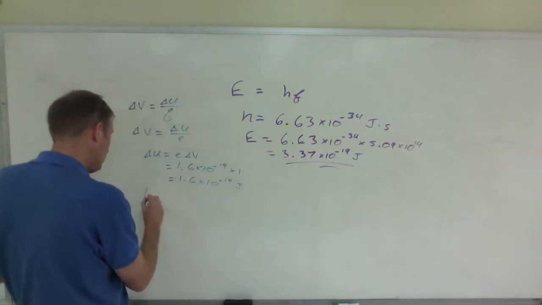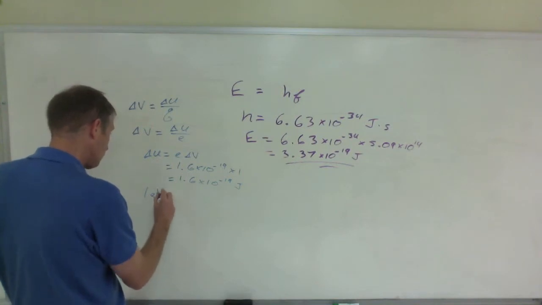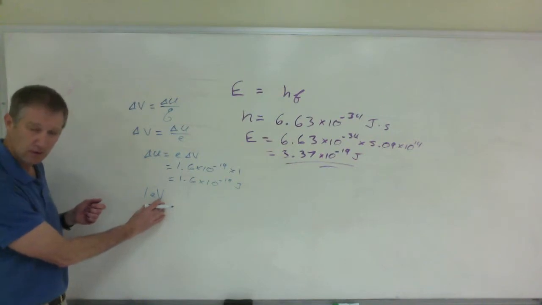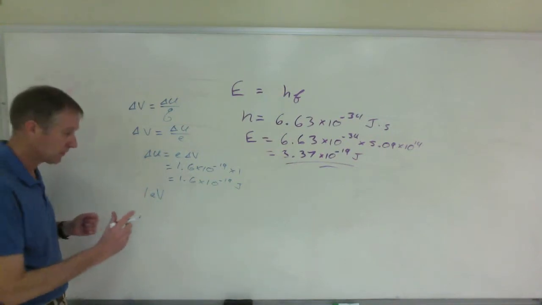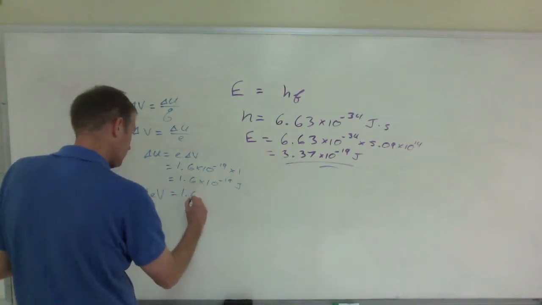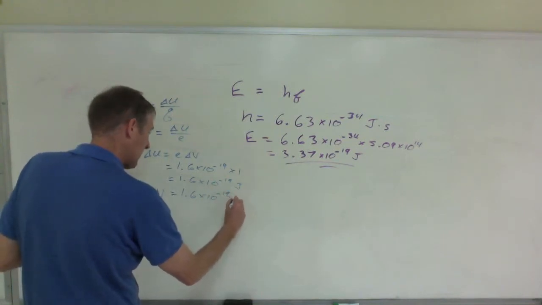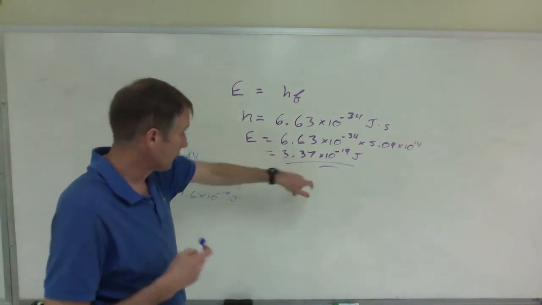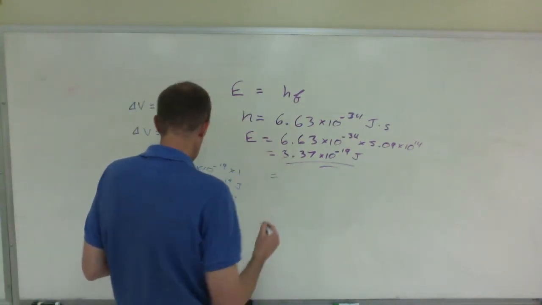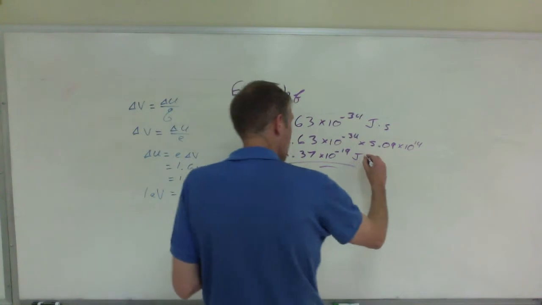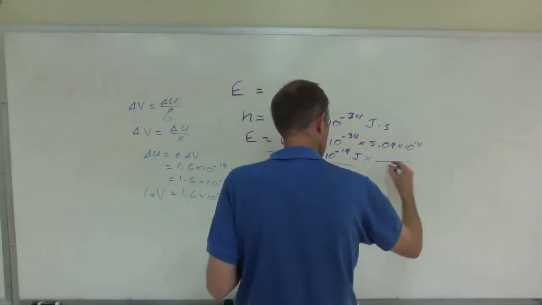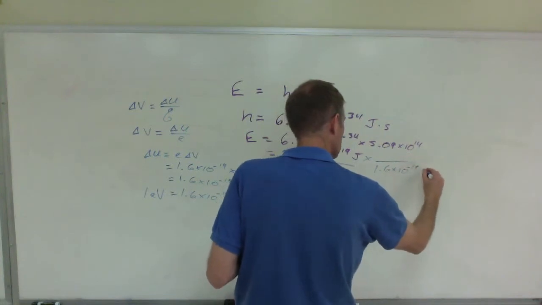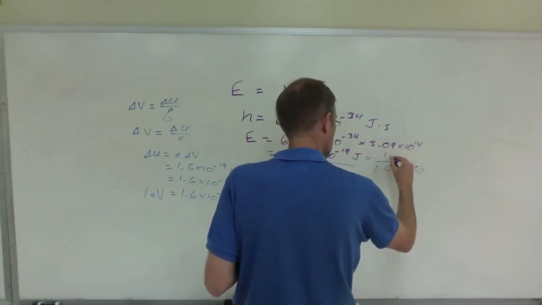So 1 electron volt, a very common unit, the most common unit in the world of small things, atomic stuff, is equal to 1.6 times 10 to the negative 19 joules. That is your conversion factor. So I can convert this into electron volts by dividing by 1.6 times 10 to the negative 19 joules per electron volt.